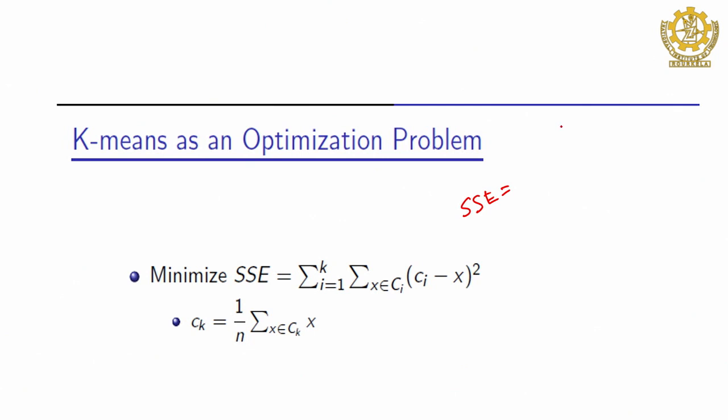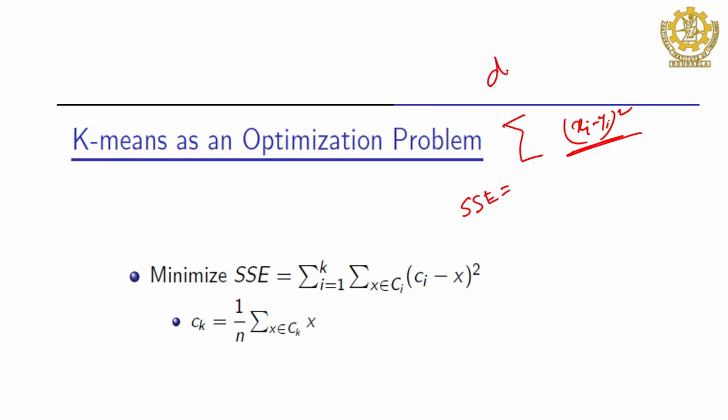For simplicity, we will compute the squared Euclidean distance. What is Euclidean distance? It is like the summation of (x_i minus y_i) squared. So, we consider this as the measure, and for simplicity, this is the distance.